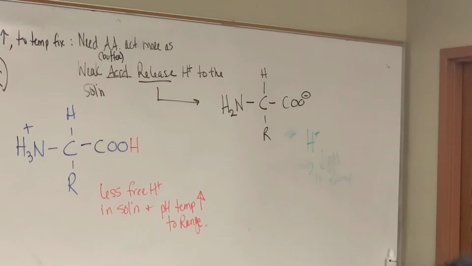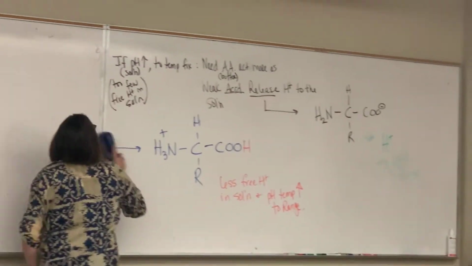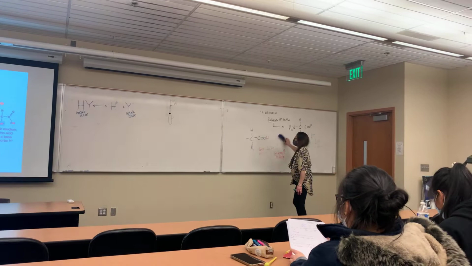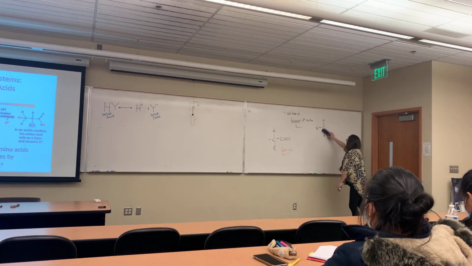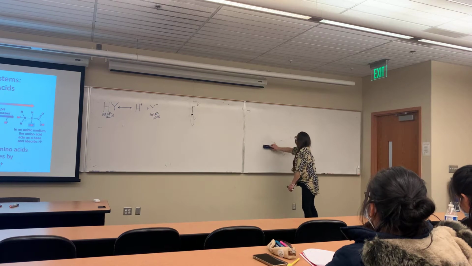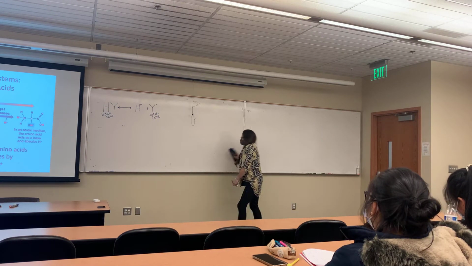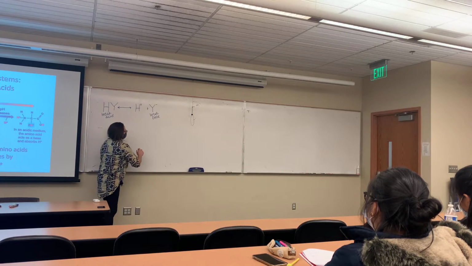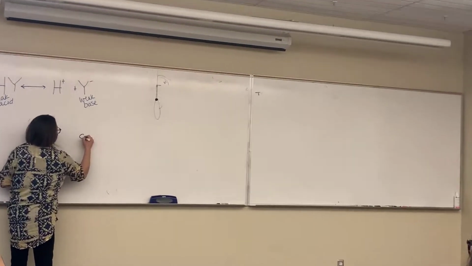A protein would definitely have more than 3 amino acids, okay? But we're not going to sit here and make a protein with 100 amino acids. We'll put 3 together and that'll give you an idea of what's going on. So I'm going to put an amino acid here.